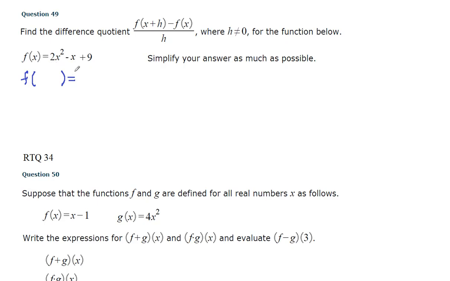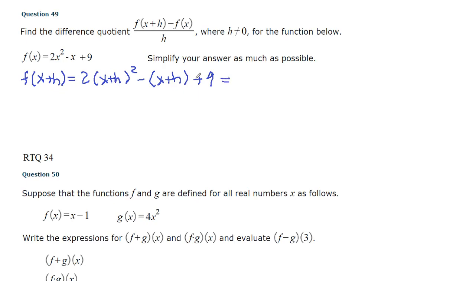So I can write this as 2 times parentheses squared minus parentheses plus 9. And what's going in the parentheses is the x plus h instead of x. So all the way across. And then we want to simplify this as much as possible, and then we'll plug it into this equation.